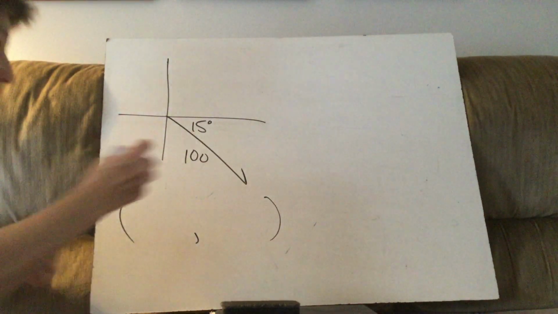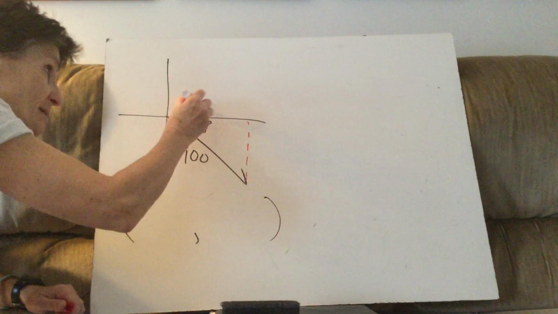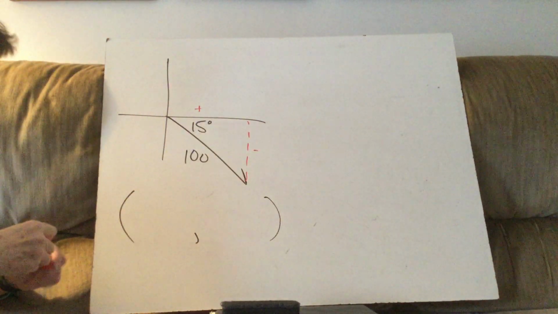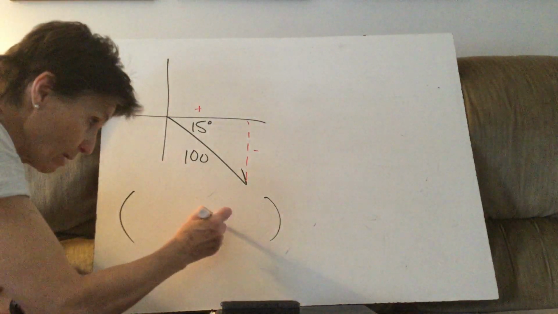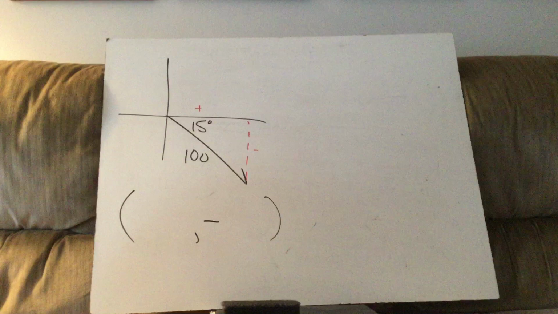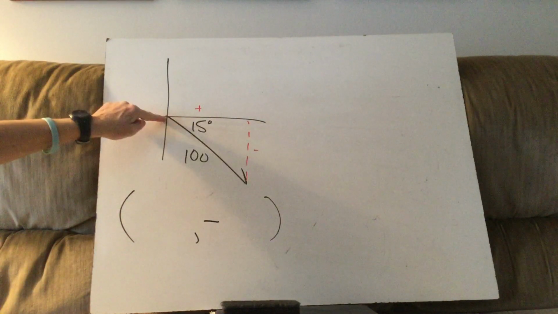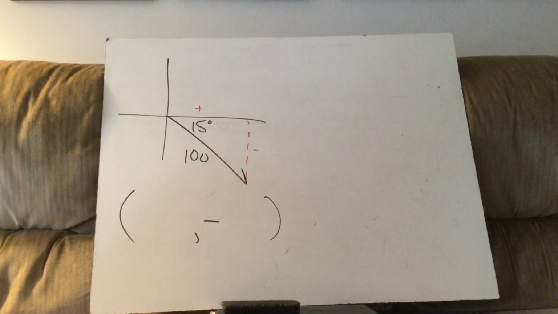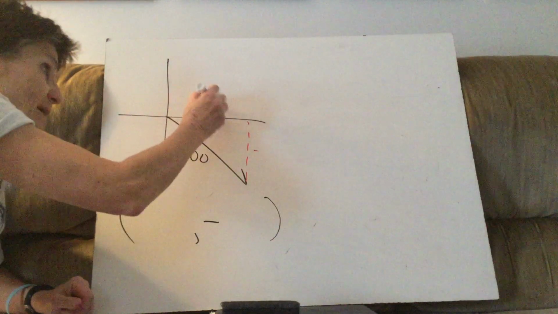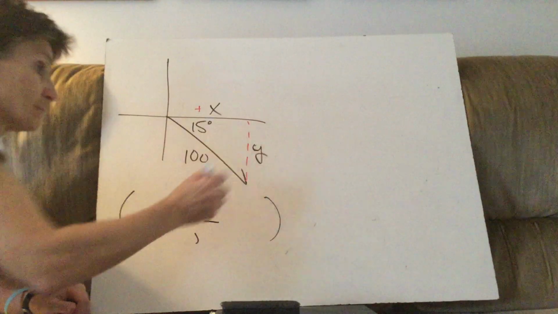I know that my x is going to be positive, but my y is going to be negative. So I am going to go ahead and make my y negative right now so that I don't forget to do that later. Here's the origin. Positive x, I'm going right. Negative y, I'm going down. Okay, and I want to find x and y.